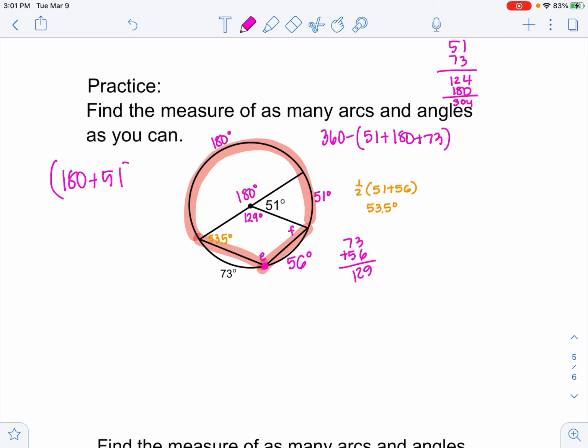But since it's an inscribed angle, where the vertex is on the circle, I'm going to take half of that. So I'm going to do 180 plus 51, and then take half of that. You can either hit divided by 2 or times a half. And you get 65.5 degrees. So now I know angle E is 65.5 degrees.